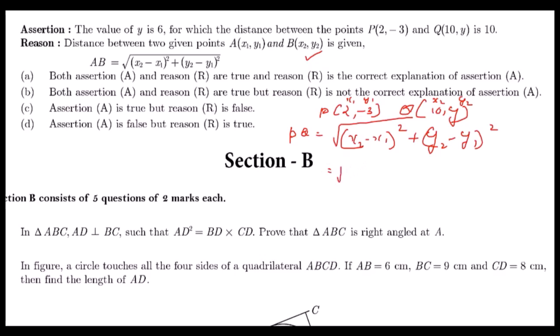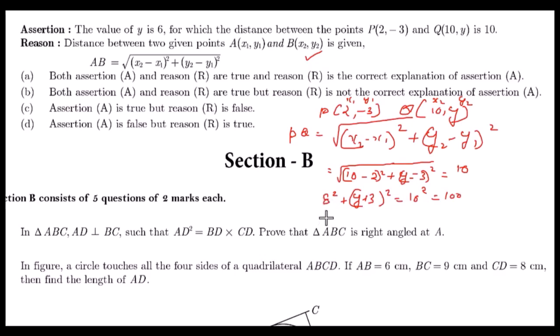That is the square root of (10 minus 2) whole square plus (y plus 3) whole square, equal to 10. Squaring on both sides, we can eliminate the square root. Then we get 8 square plus (y plus 3) whole square equal to 10 square. 10 square is 100.